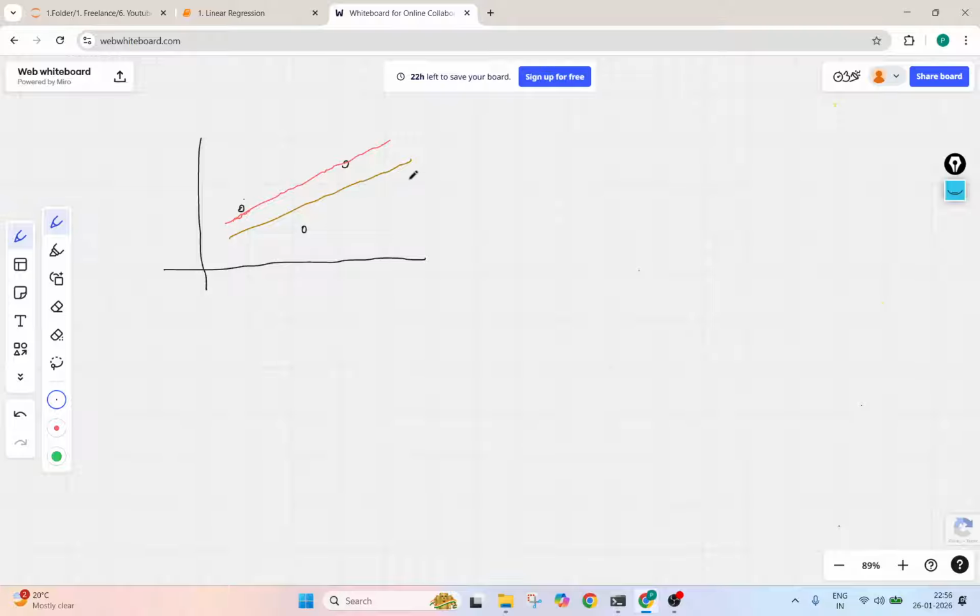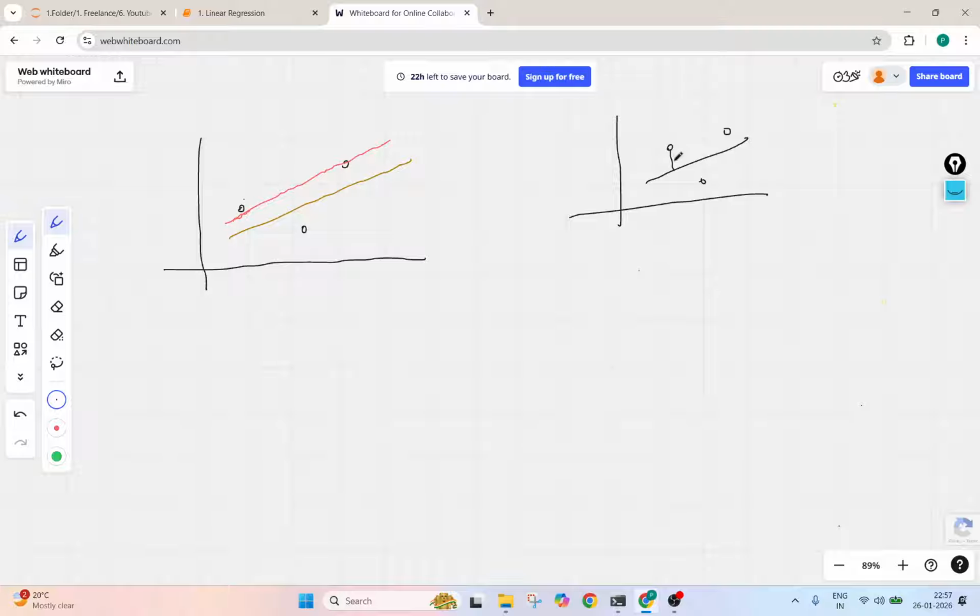And how do I find the best fit line? The best fit line is the line that has the minimum error. Now, what is an error? Over here, this is my line and these are the points. The error is the shortest distance between the actual points and the prediction by the model.